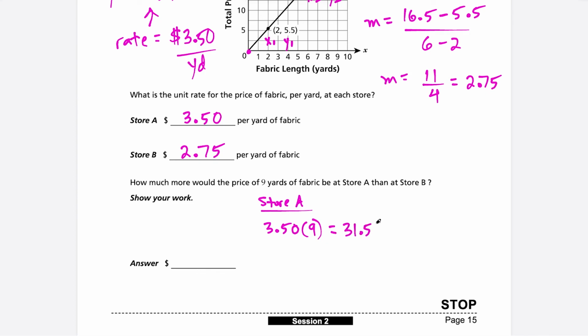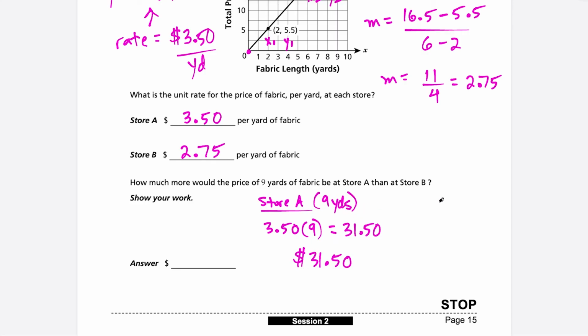You could just type that in a calculator. So store A, it's going to cost $31.50 for 9 yards. I'll just say over here that this is for 9 yards.